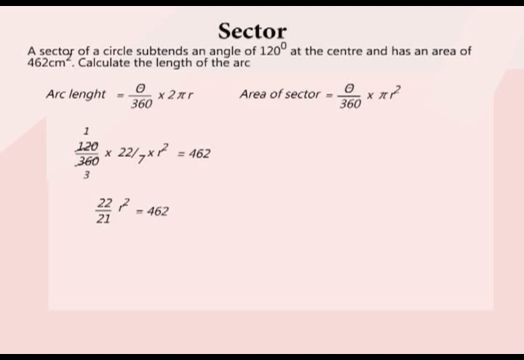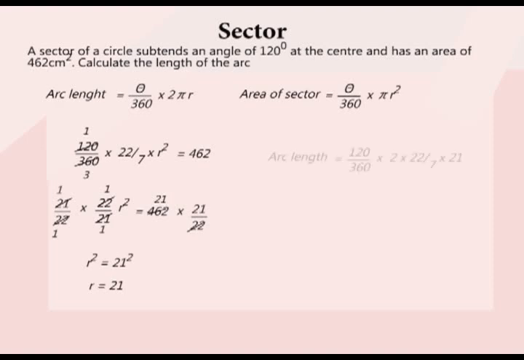To remain with r squared on one side, we multiply both sides by 21 over 22. 462 divides into 22 21 times. So we remain with r squared is equal to 21 times 21. We do not have to complete 21 times 21. We remain with r squared is equal to 21 squared. And so r is equal to 21 centimeters.